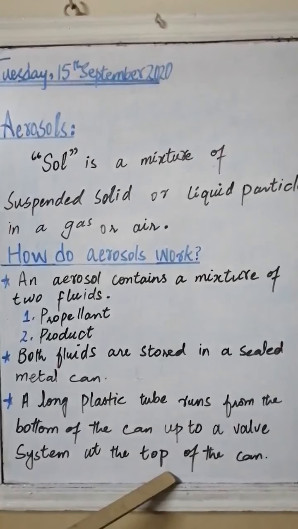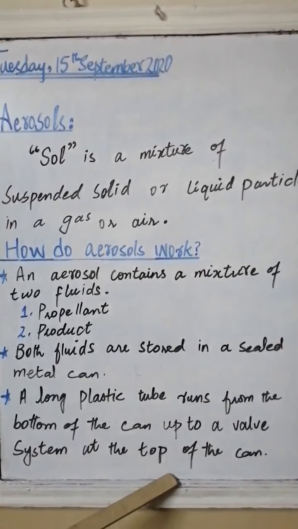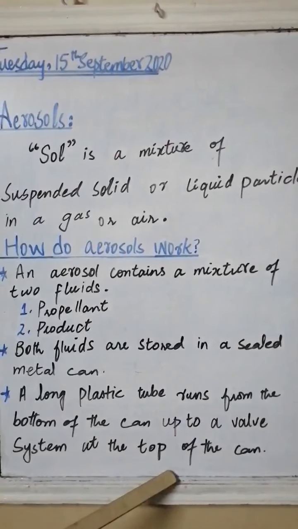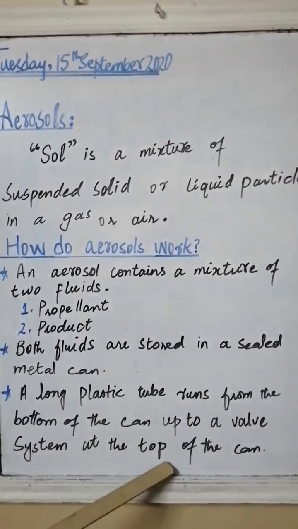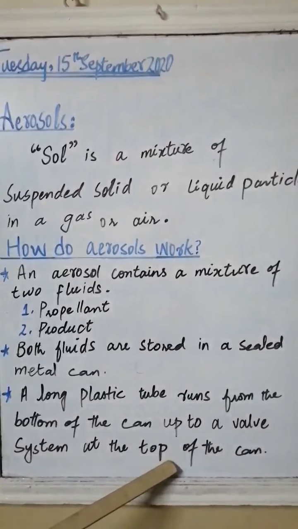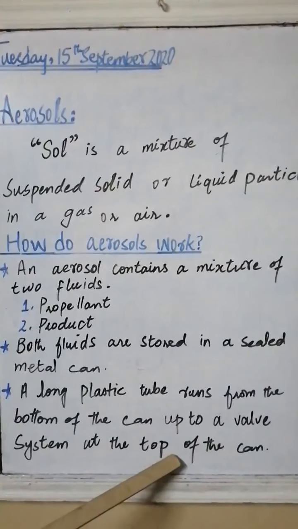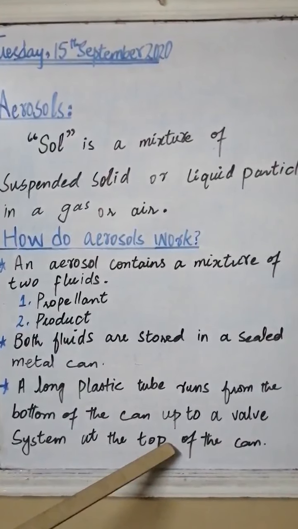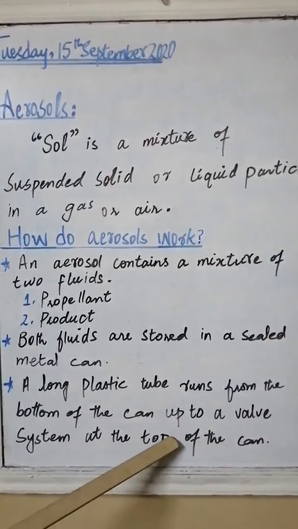The higher pressure propellant vapors or gas pushes the liquid product up in the plastic tube and then out through the nozzle. The narrow nozzle breaks the flowing liquid into tiny drops which come out as fine spray. This is the way aerosols work.